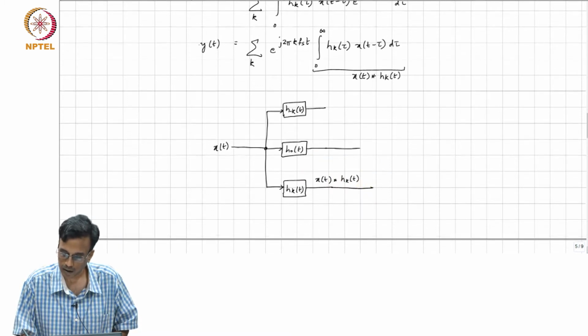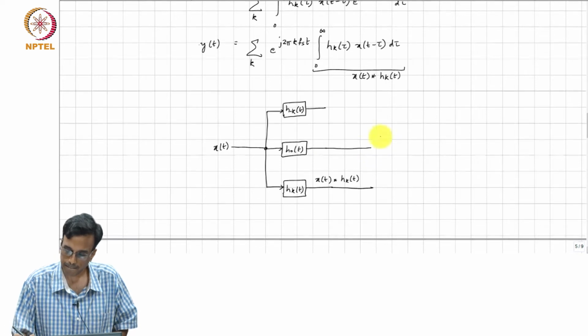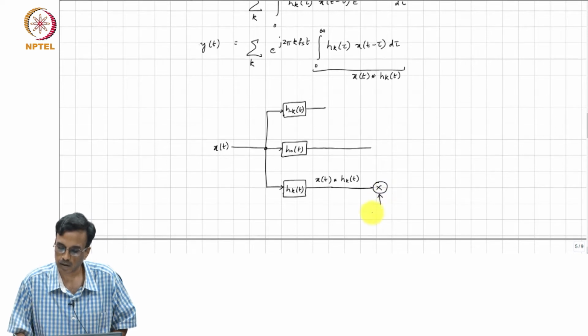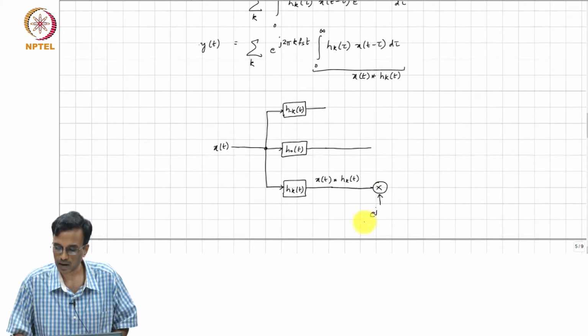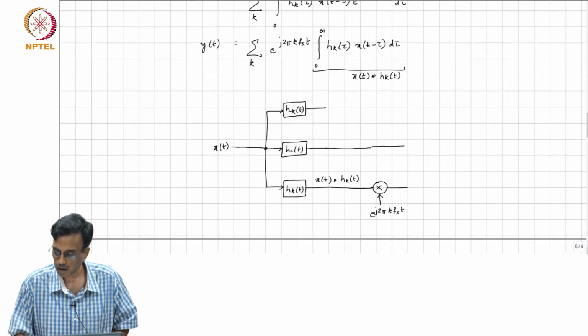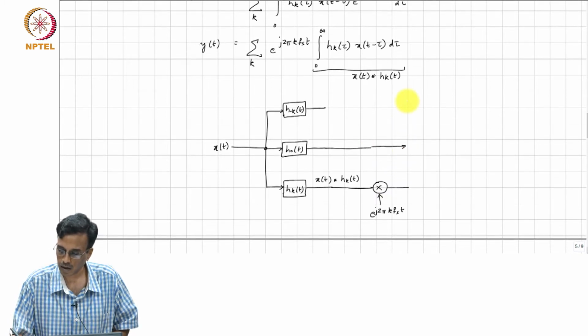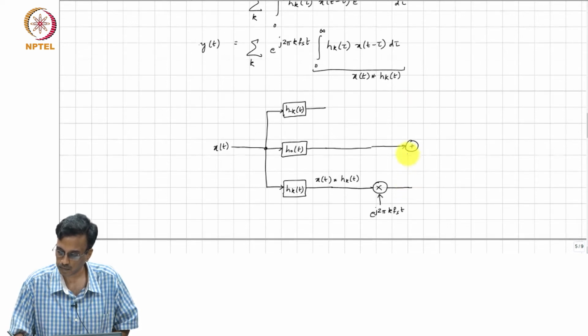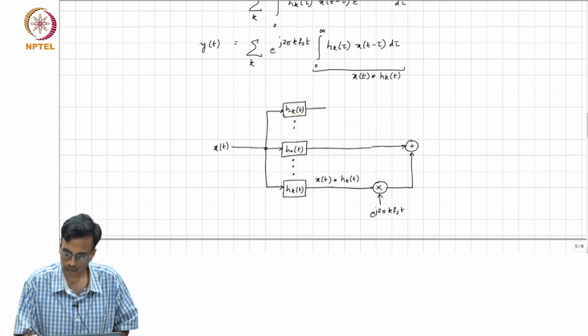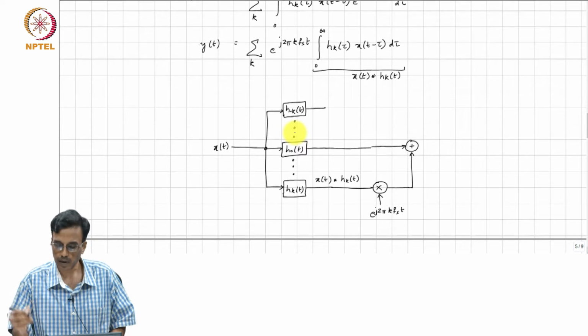And you multiply this by e to the j 2 pi k f s times t, and you add them all up. All right.